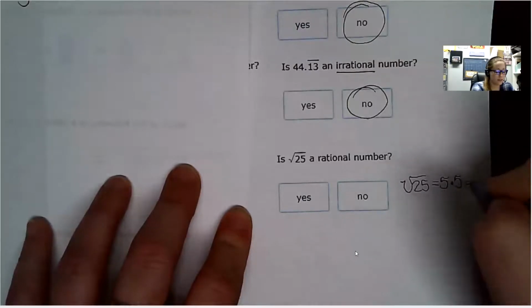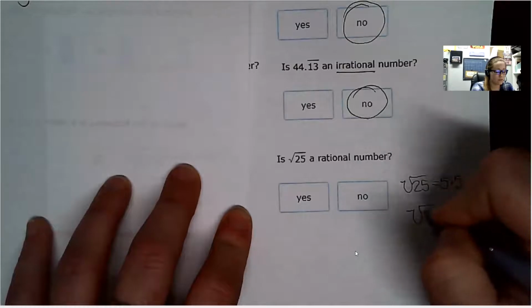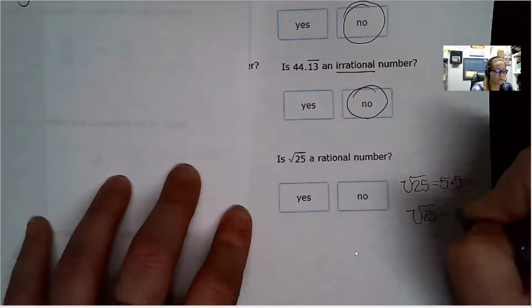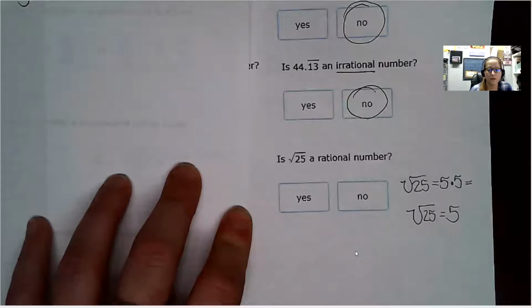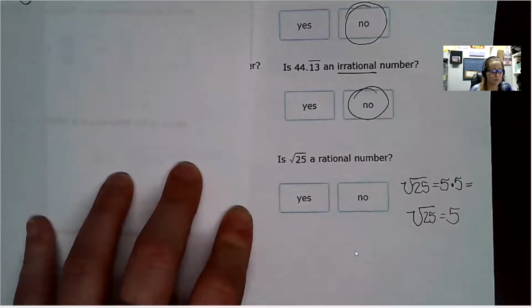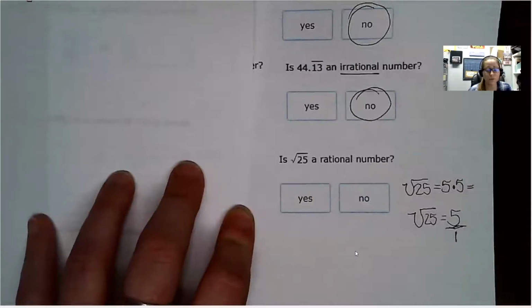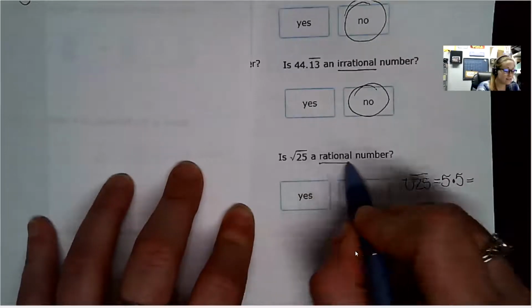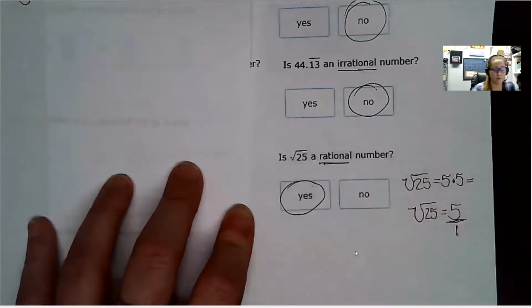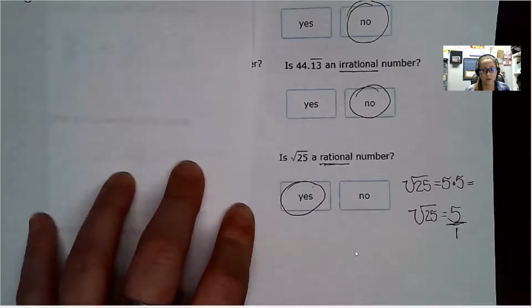So we would say that the square root of 25 equals 5. Which, looking at this, once we solve for the square root, we actually get a whole number. And we know that whole numbers can be written as ratios over 1. And so we would say, yes, this is a rational number.